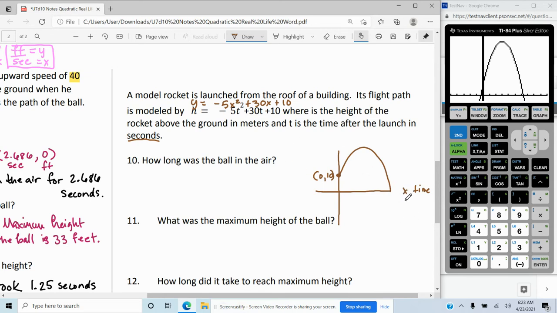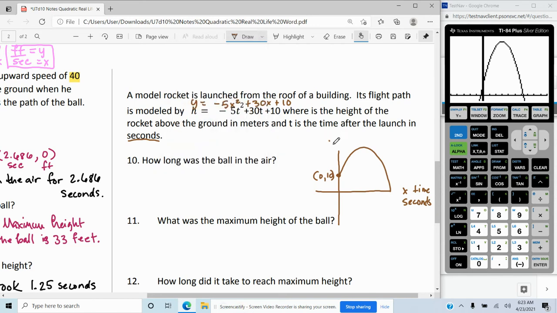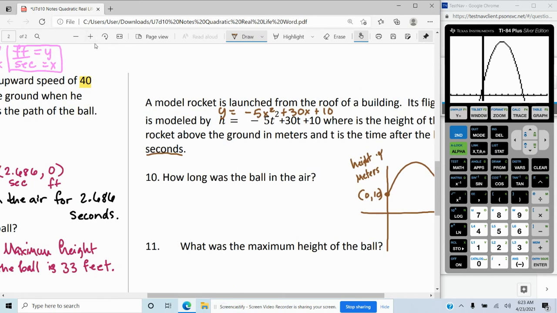And that was in which unit? If you said meters, you are correct. Let's put that right here. We got y, and we know that's height, and that is in meters.